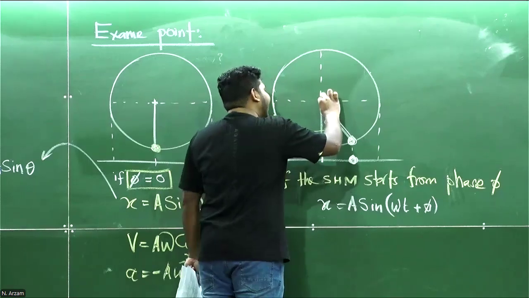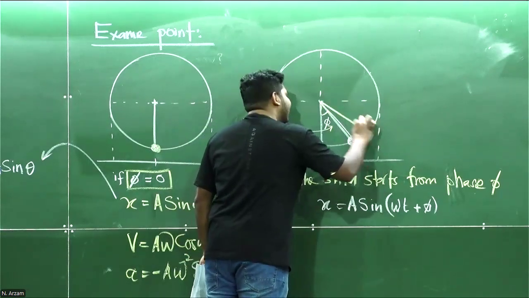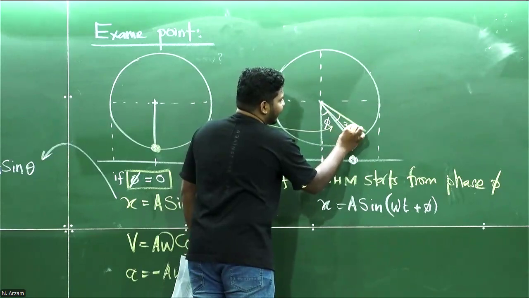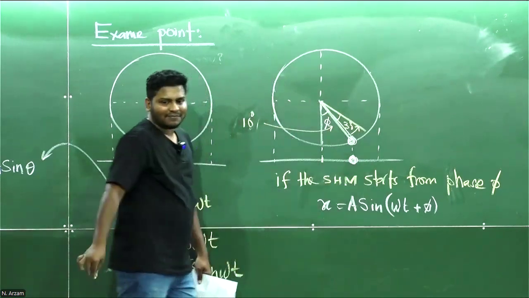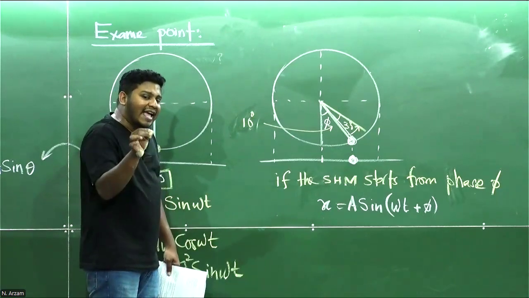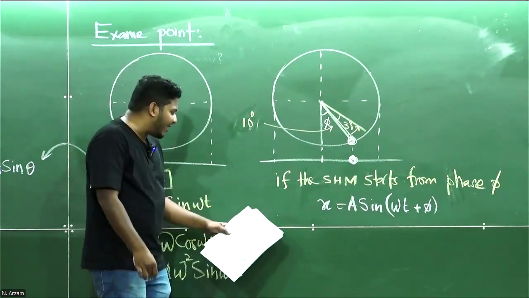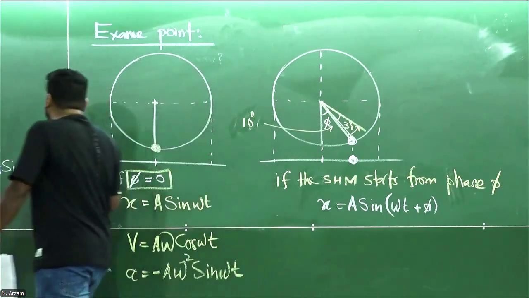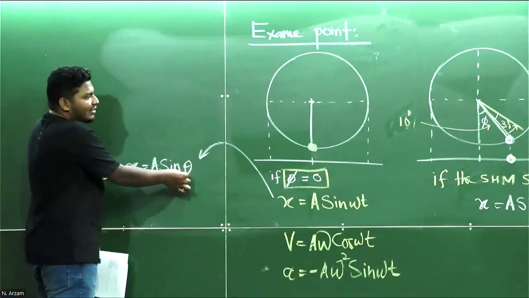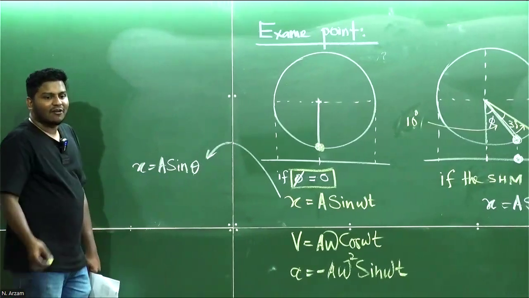Now what I'm telling you is it makes 30 degrees from this point. So what is the angle you will substitute in this equation now? 10, or 30, or 40? 40.